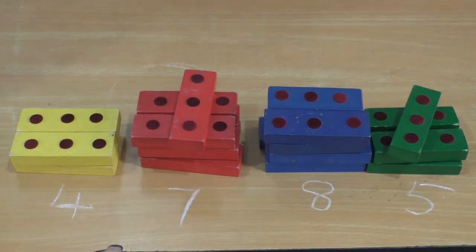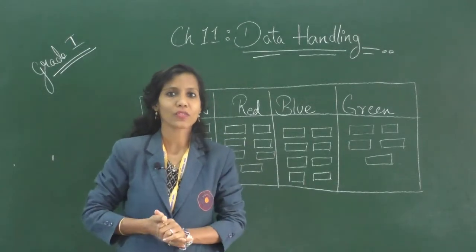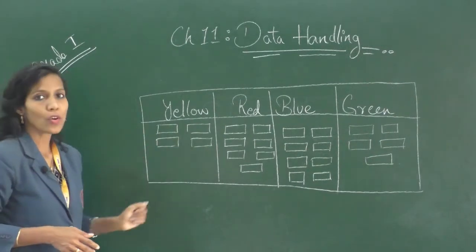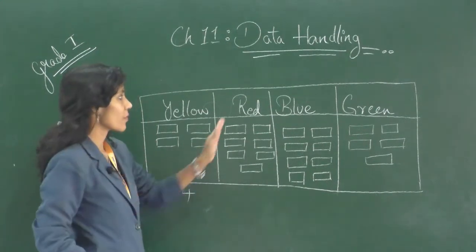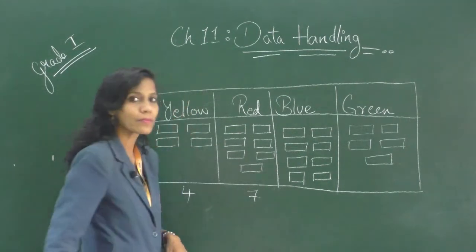Now let's represent these blocks into a tabular form. So we all saw different blocks, right? So here is the tabular form. Yellow, we had 4 blocks. Under red we had 7.